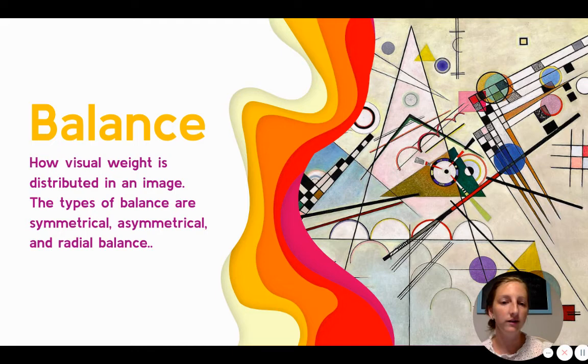You can see lines, shapes, and colors are huge in there. You see textures, you see values. Like I said, every element of art is somewhere in a painting or picture, okay? So make sure you write down your definition of balance, and then you can move on to the next part.